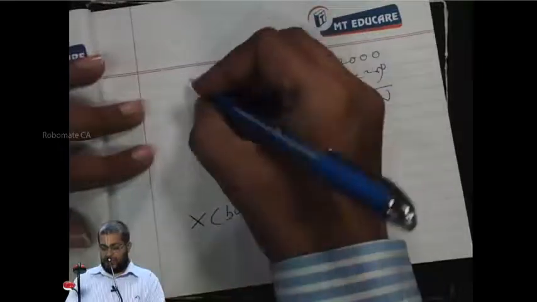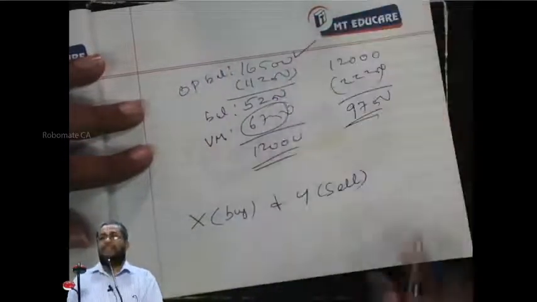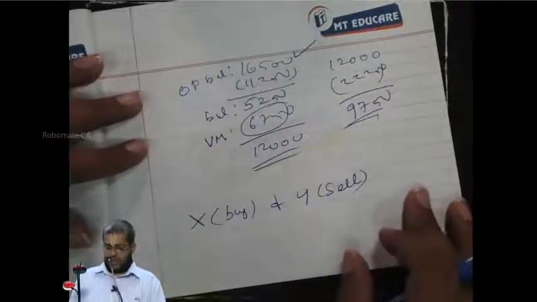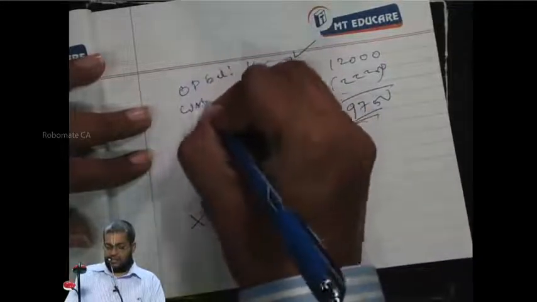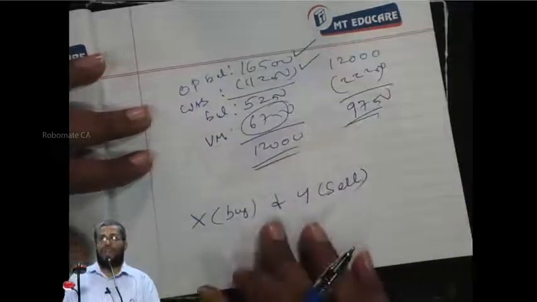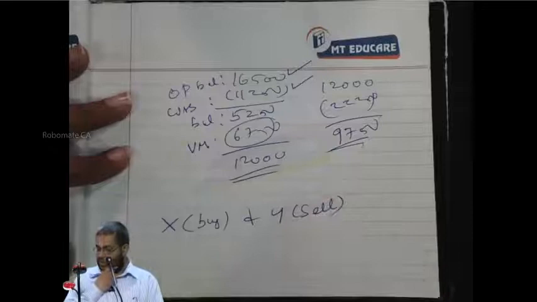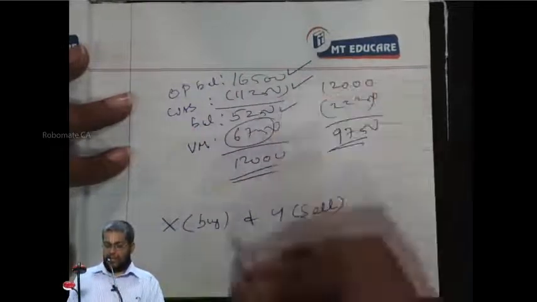Opening balance on 17th November: 16,500. Loss on the day: 11,250. What is the balance here?